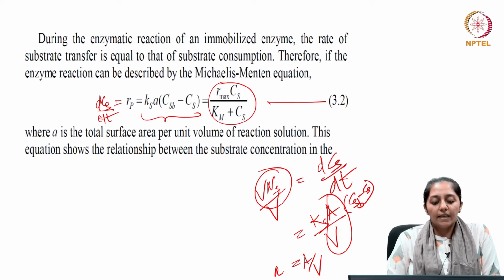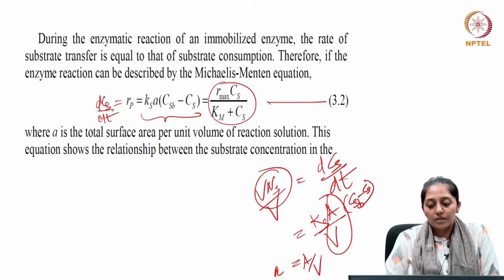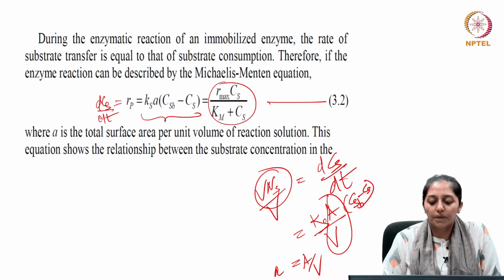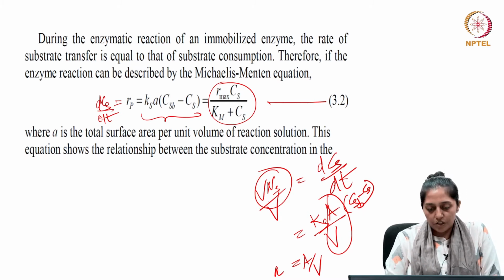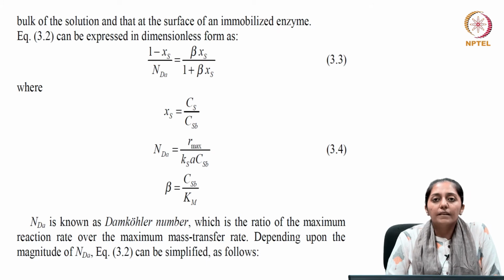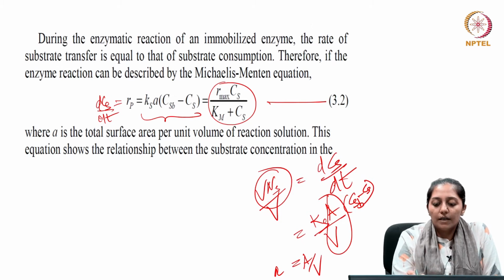So, small a is the total surface area per unit volume of reaction solution or reaction volume, and this equation then shows the relationship between the substrate concentration in the bulk of the solution and at the surface of the immobilized enzyme. So, we now have a relationship between Cs and Csb.